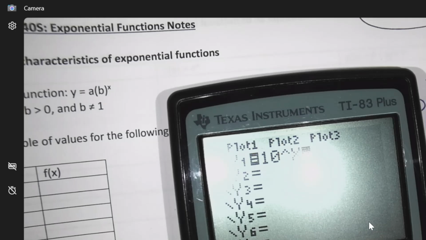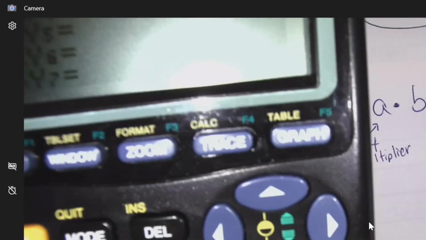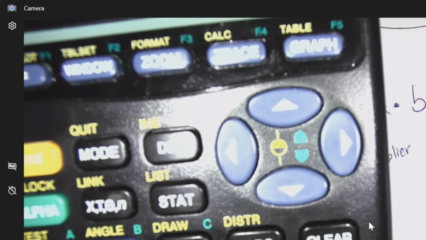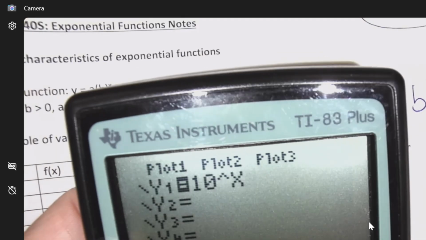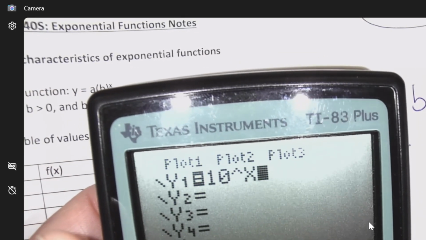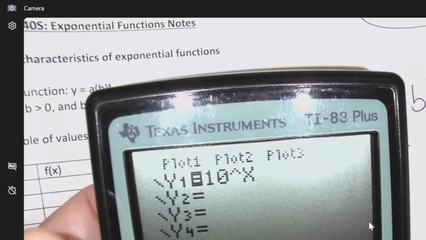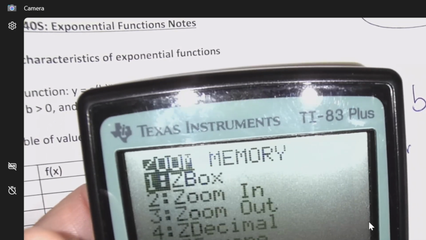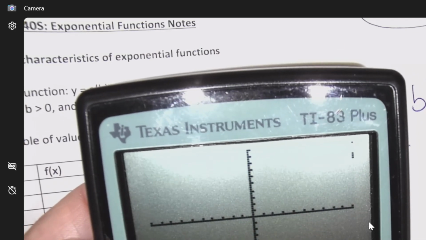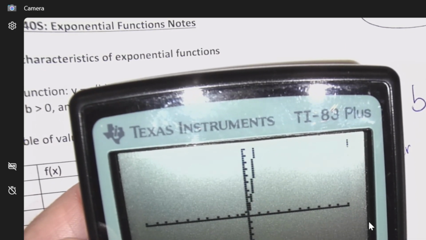Do you remember where the to the button is? It's underneath the clear, that little hat button. And then just to reset my window, do you remember how to reset it to the basic window? Zoom 6. Yeah, just get it back to the normal.